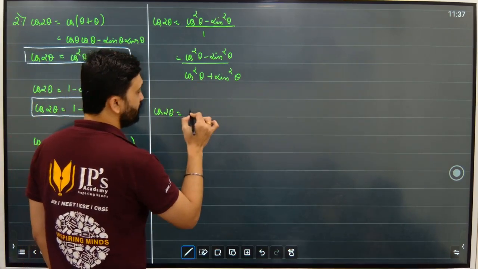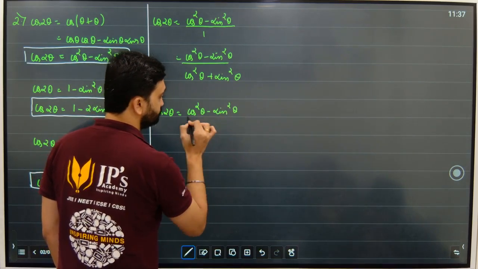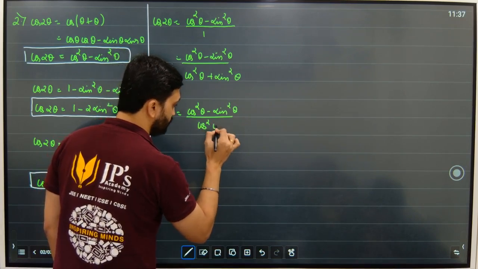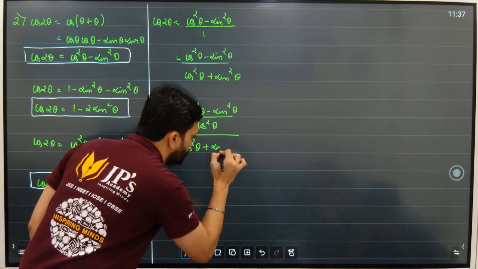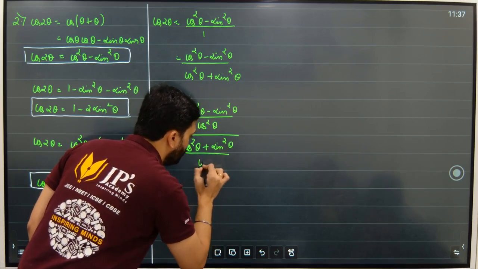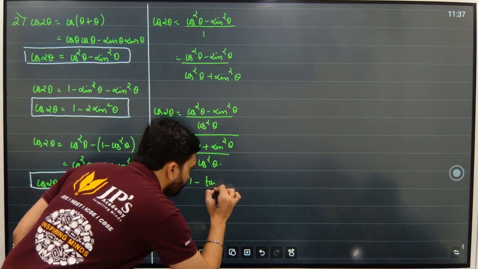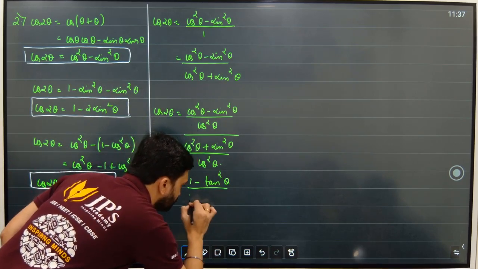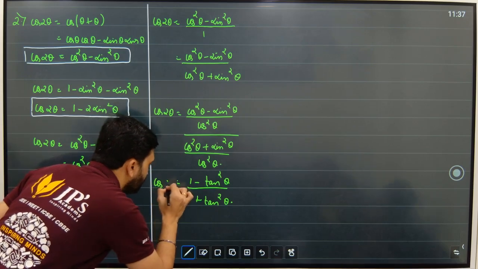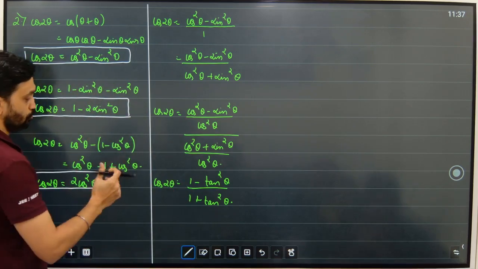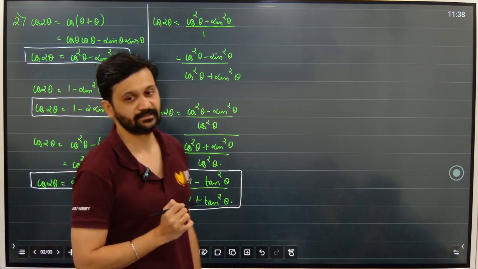If I divide the numerator and denominator by cos square theta, this will become cos square theta minus sin square theta divided by cos square theta, the whole upon cos square theta plus sin square theta the whole upon cos square theta, which is nothing but 1 minus tan square theta upon 1 plus tan square theta, which is cos 2 theta.